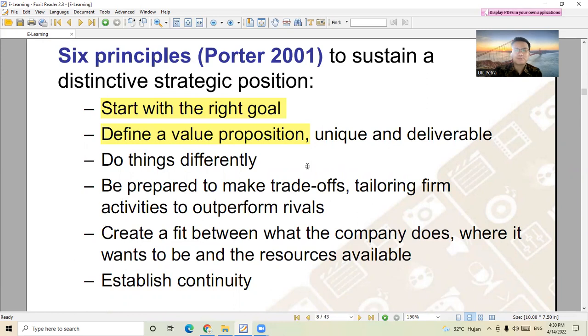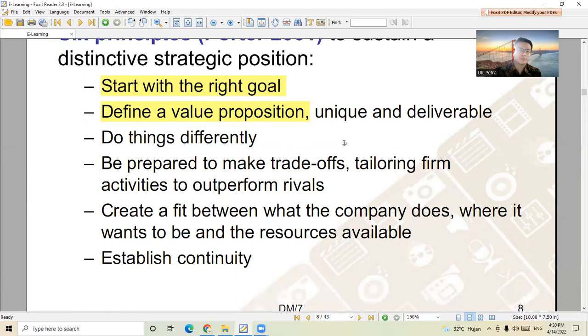So what makes your company unique, so that the customers choose your company compared to other companies? So these have to be defined clearly: your uniqueness, your value, and whether those uniqueness and values can be effectively delivered to the customers.